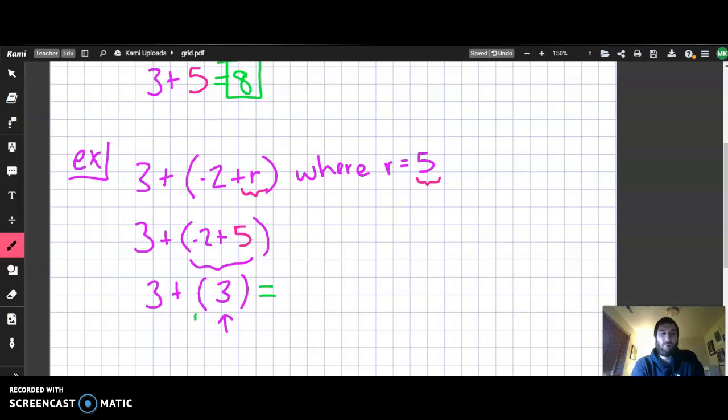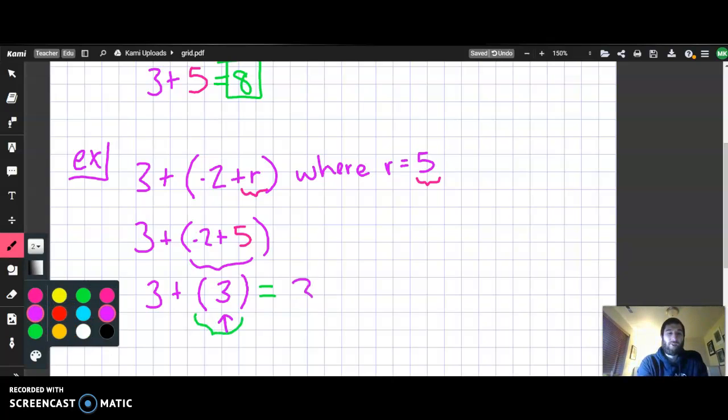So we can rewrite the 3 in parentheses as just 3 plus 3. If we do keep them, that's not a problem, but it's a little redundant. It's saying the same thing in multiple ways. So 3 plus 3 is 6.